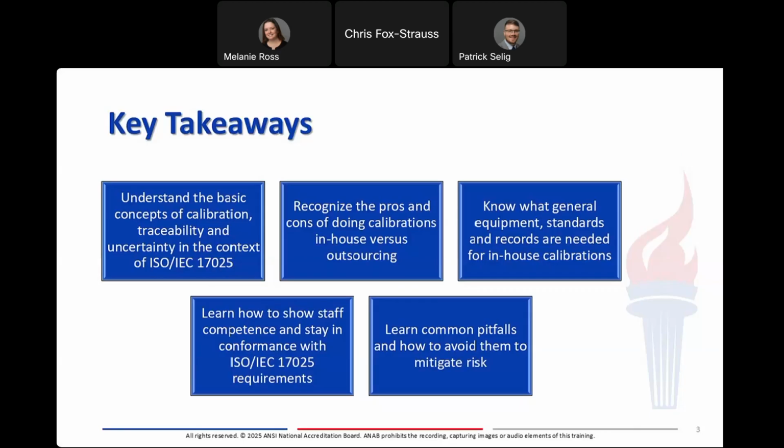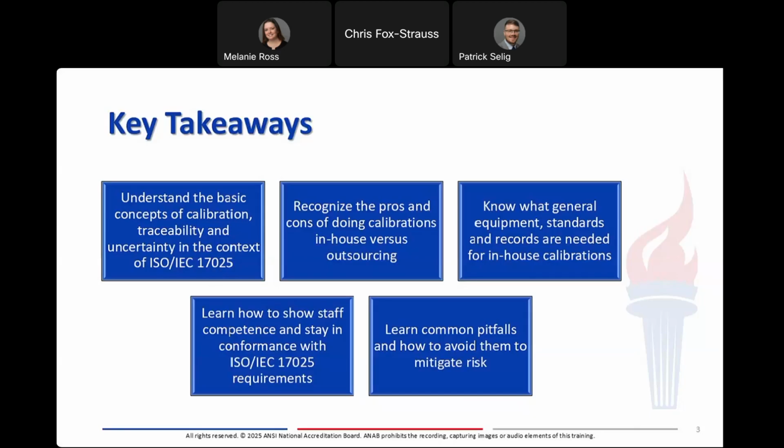The key takeaways for our webinar today are to gain an understanding of the basic concepts of calibration, traceability, and uncertainty in the context of the ISO/IEC 17025 standard. We're going to look at some of the pros and cons of doing calibrations in-house versus outsourcing those calibrations to an accredited calibration service provider.